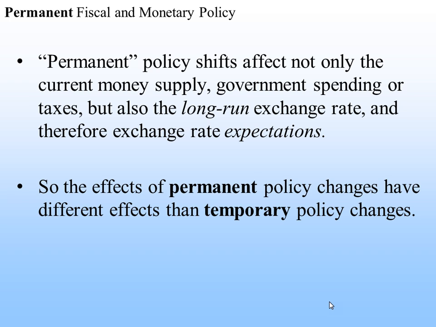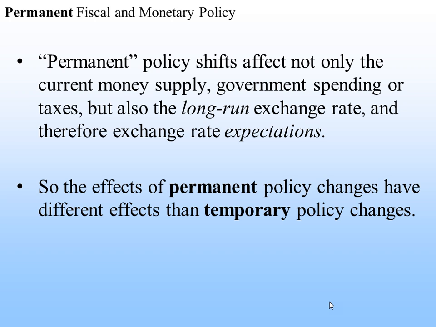In the really, really long run, what do we think determines exchange rates? Well, it has something to do with the prices of comparable baskets of goods. Okay, so maybe it's not absolute PPP, but it's relative PPP, or some variant of purchasing power parity. So if monetary policy or fiscal policy are permanent, they're around long enough to affect price changes.